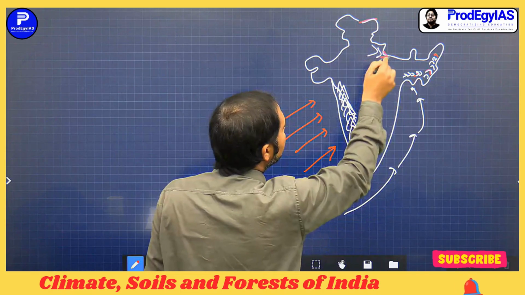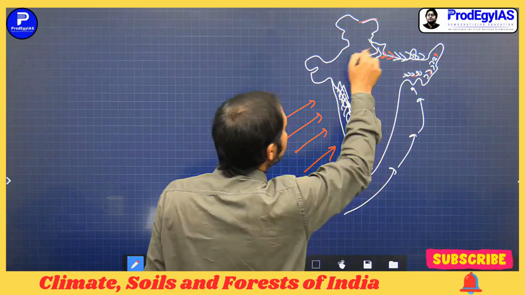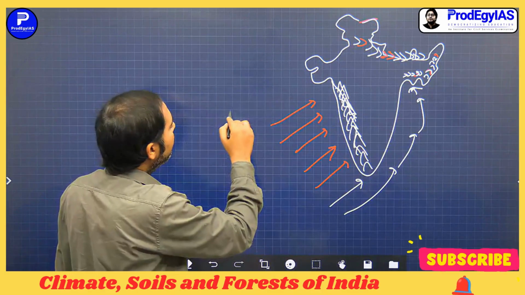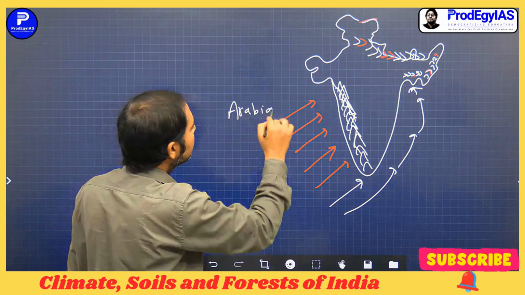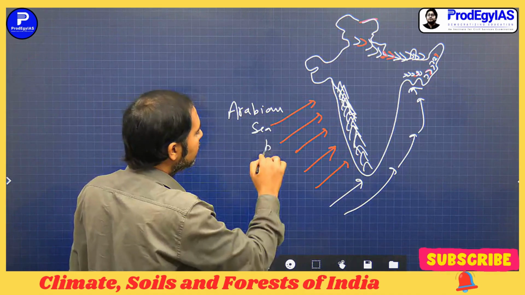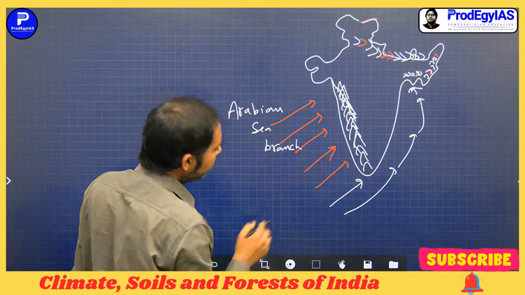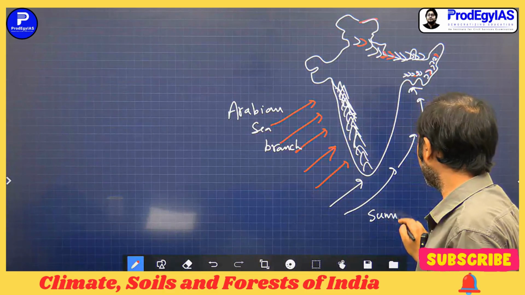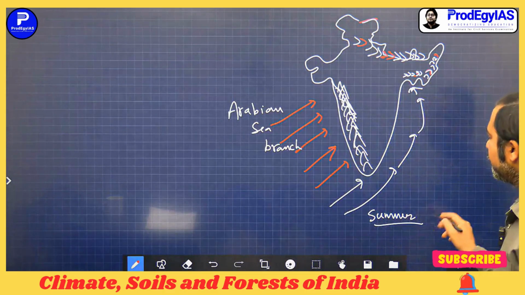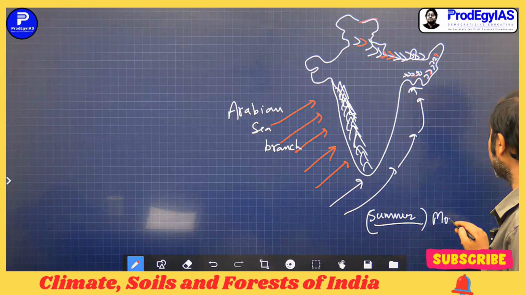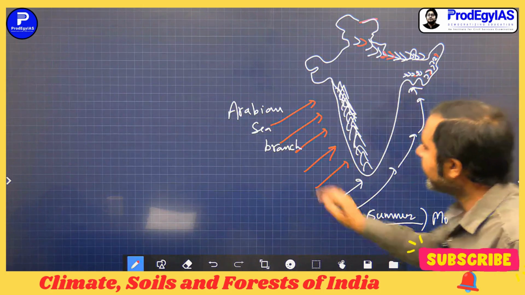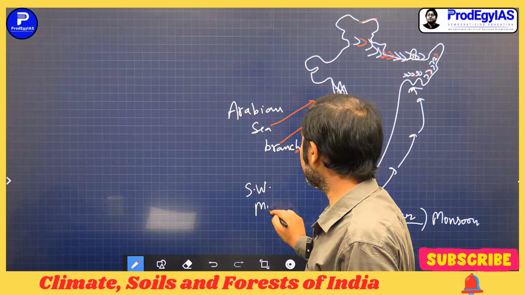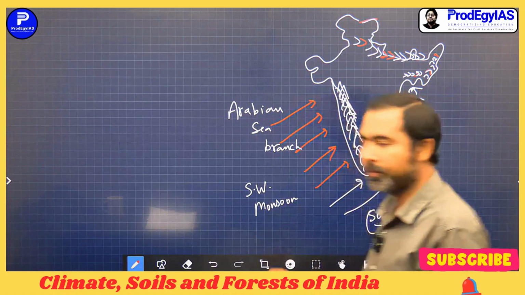Here is your Himalayas. This is called the Arabian Sea branch. We are talking about this monsoon. This is called summertime monsoon, also called southwest monsoon, because it is coming from the southwest side.